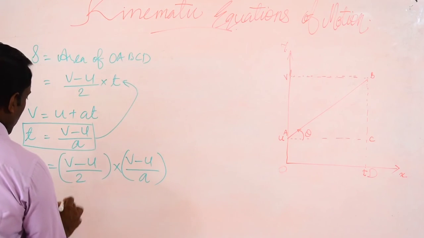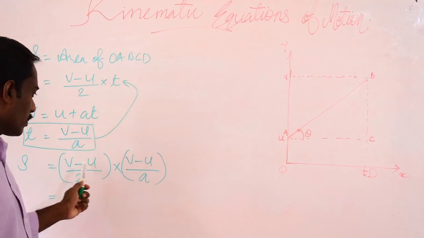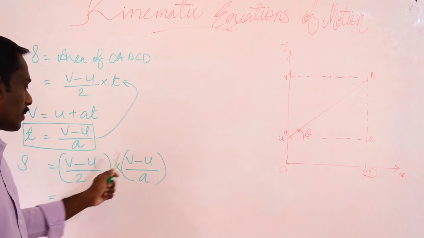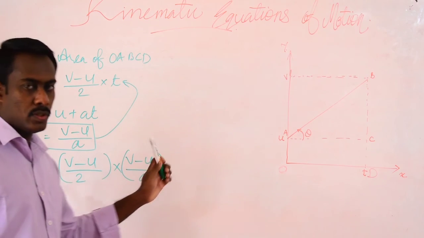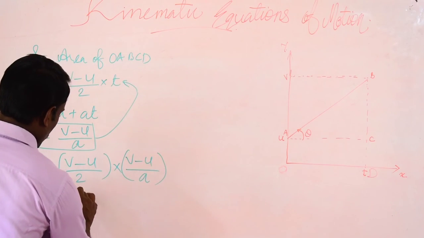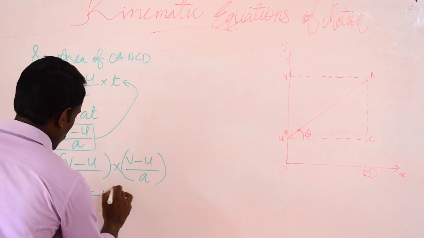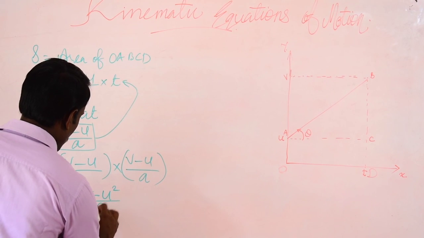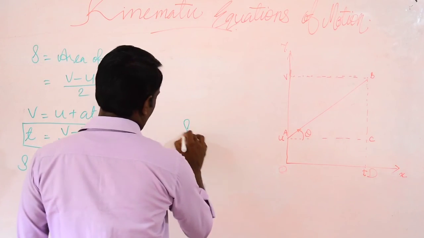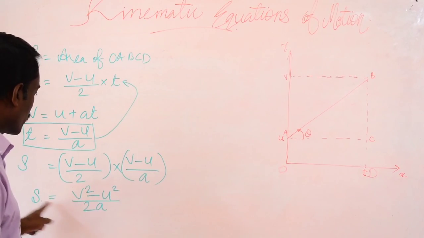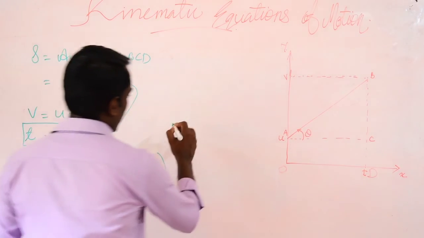Now what will we get? V into V, V square, U into U, U square. So V square minus U square divided by 2 into A. So S is equal to V square minus U square divided by 2A. Now we cross multiply this one. When we cross multiply, what will we get?